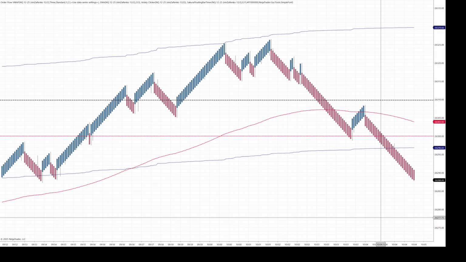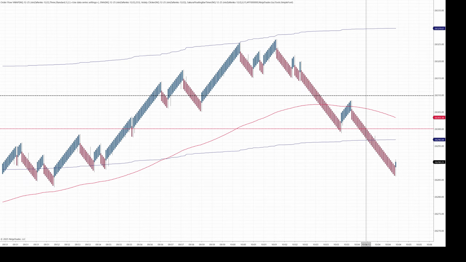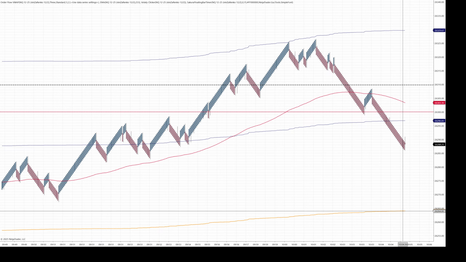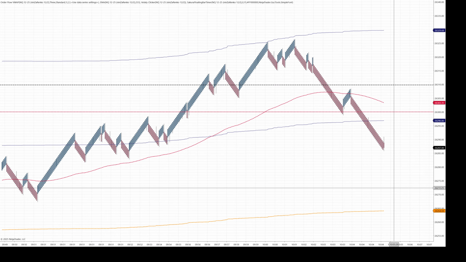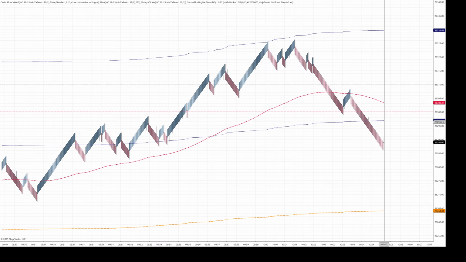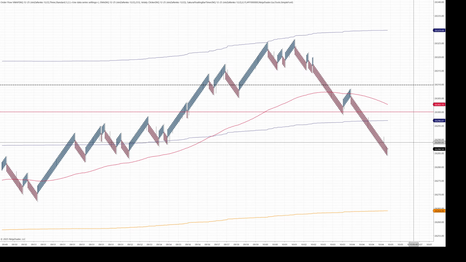Now we are dumping. Next area of interest is all the way down here at VWAP if we're going to keep going bearish. I wouldn't mind going back up to the standard deviation level, getting a retest and going back down.